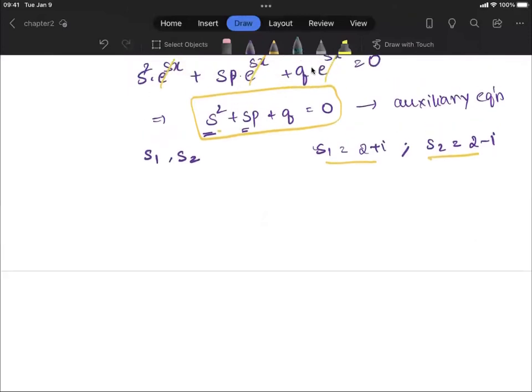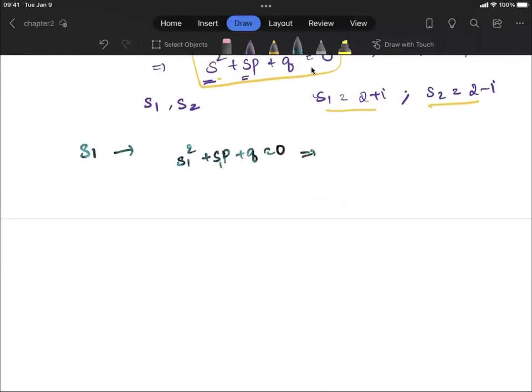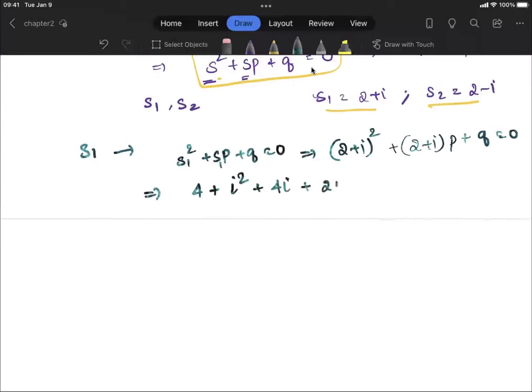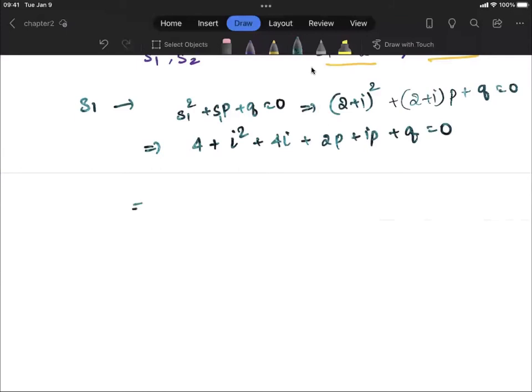So let's do that. Plugging in s1 will give us s1 squared plus s1 p plus q equals 0. And that will be (2 plus i) squared plus (2 plus i) times p plus q equals 0. Now (2 plus i) squared is going to be 2 squared plus i squared plus 4i, plus 2p plus ip plus q equals 0. Now i squared is nothing but negative 1.